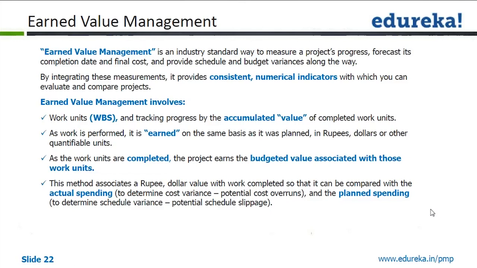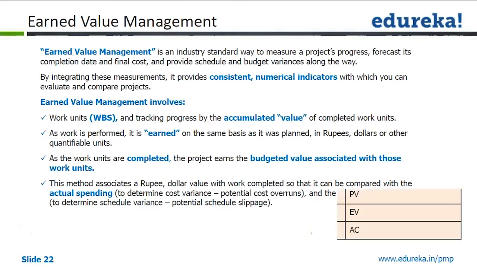If you have completed 1 wall, you have done 1/4 of the work. Now if you see what your actual expense is, it should be equal to or less than 25% of your total cost or budget. So this way you calculate. We will see in greater detail how it is done.